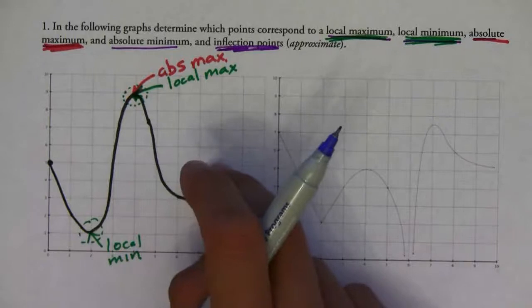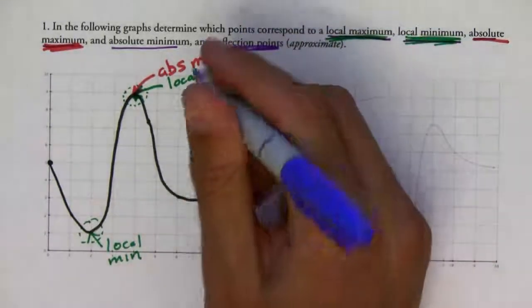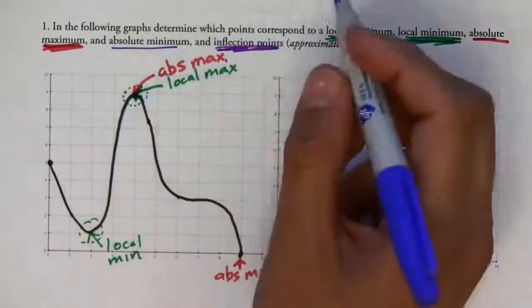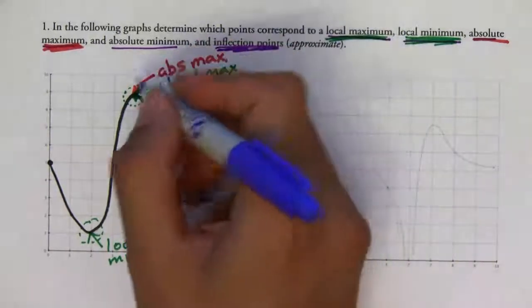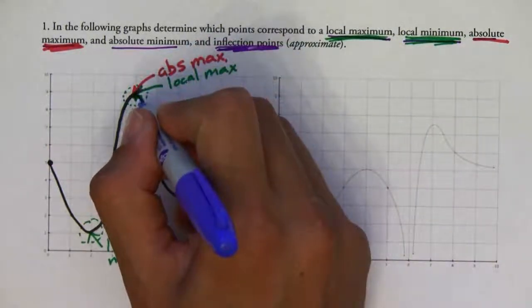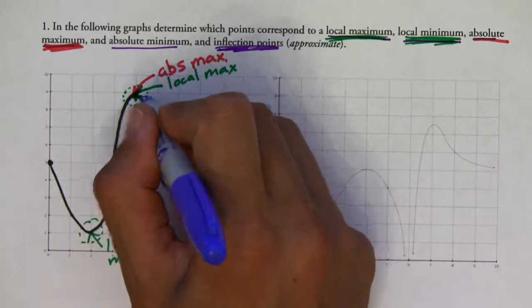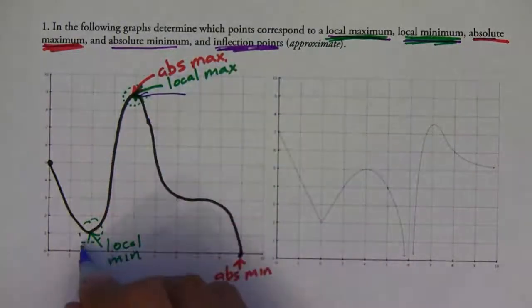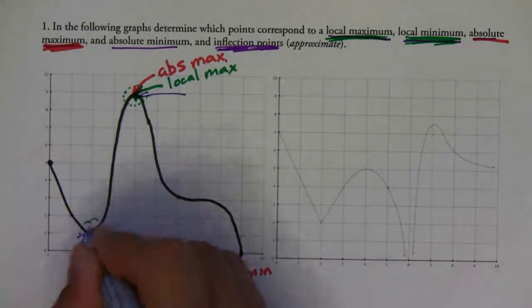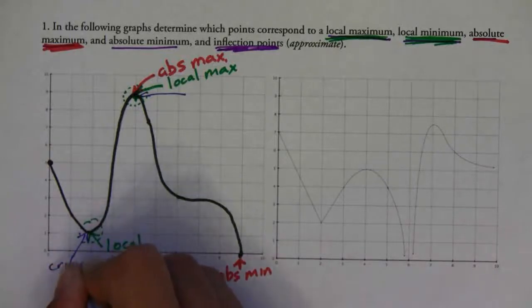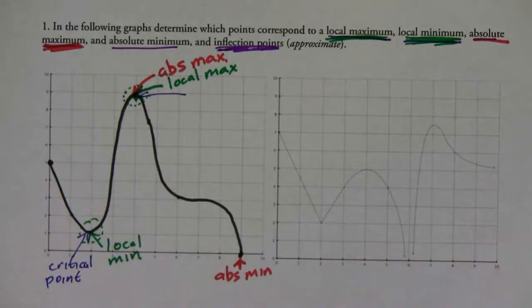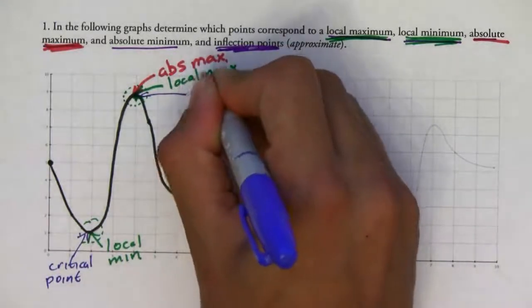And graphically, the first derivative is 0 whenever you have a horizontal tangent line. That means you would have a flat spot. So wherever you have a local maximum or a local minimum, you're always going to have a critical point. So these two are critical points.